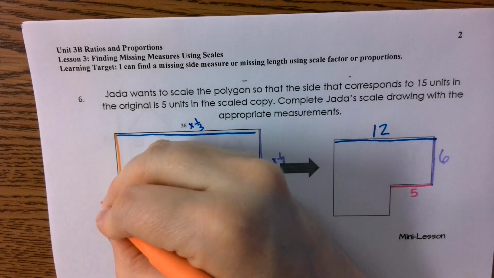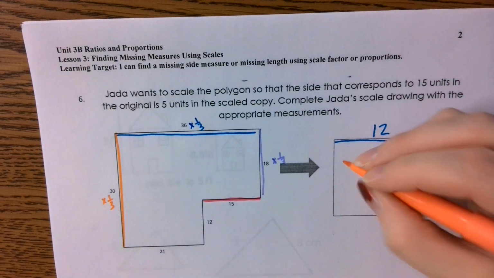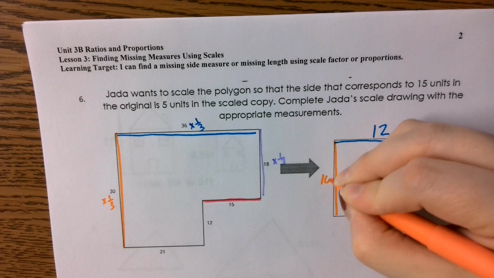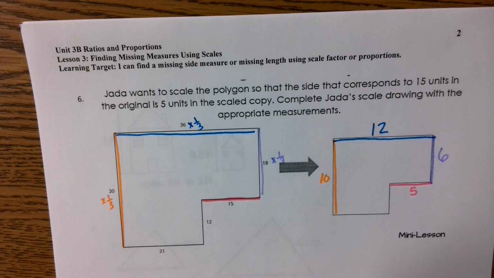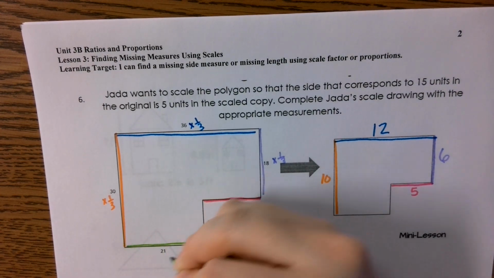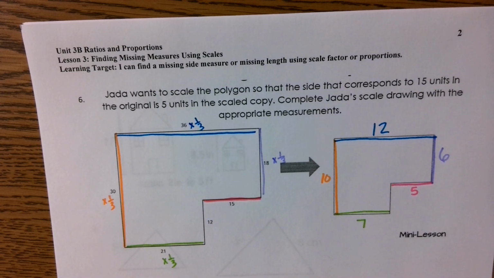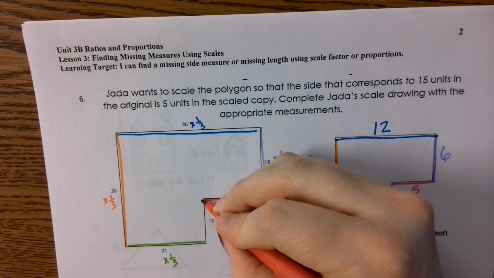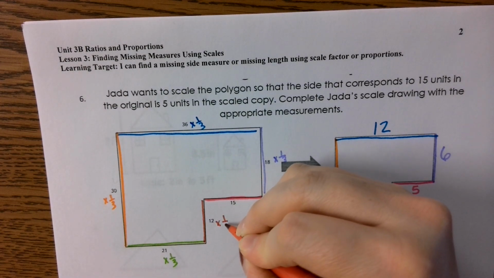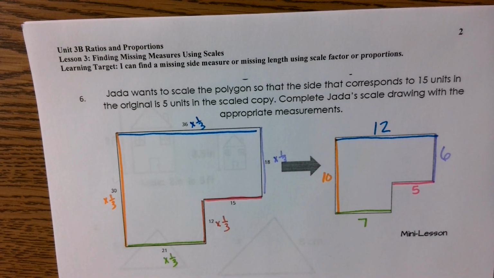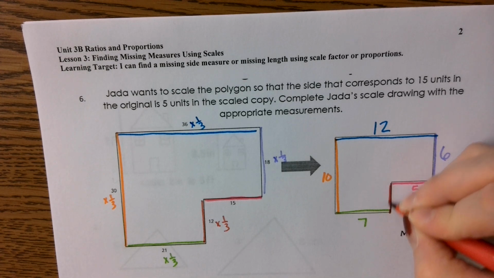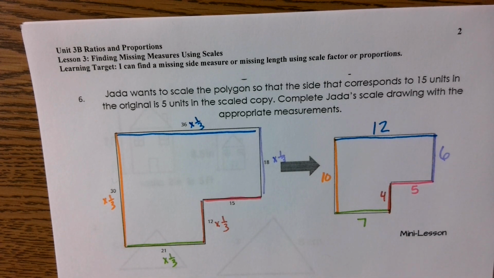What will 30 become? 10. Okay. What's the 21 going to become? 7. And then lastly, and I don't have a different color, so I'm going to have to go with purple, with red. The 12 is going to become what? If we multiply 12 times 1/3, it becomes 4. Okay? So there's all of our new dimensions.